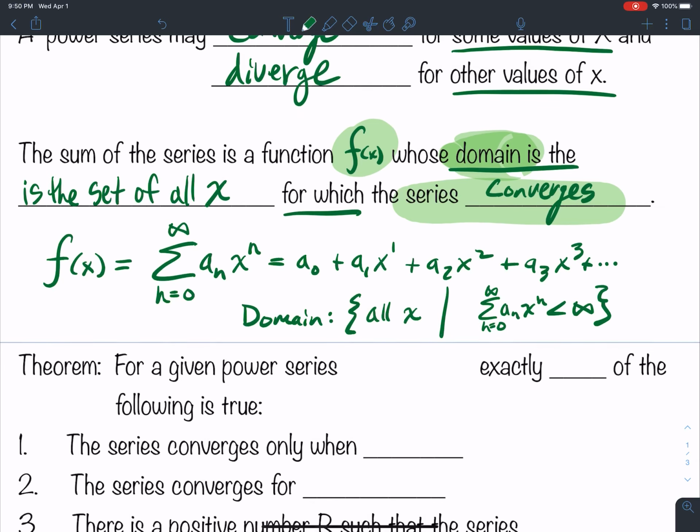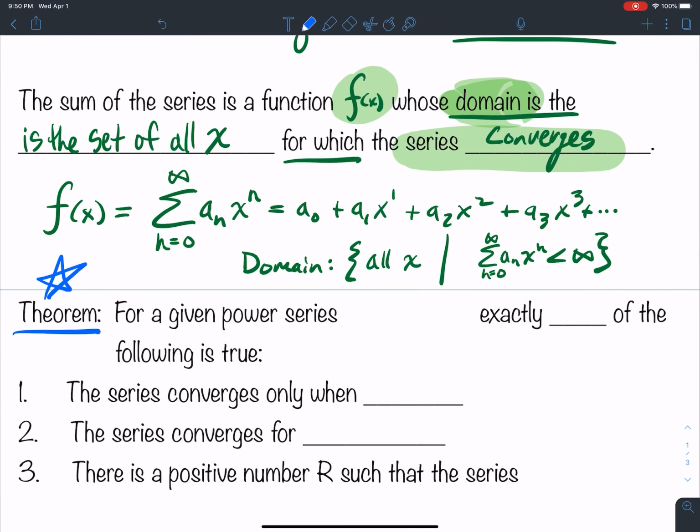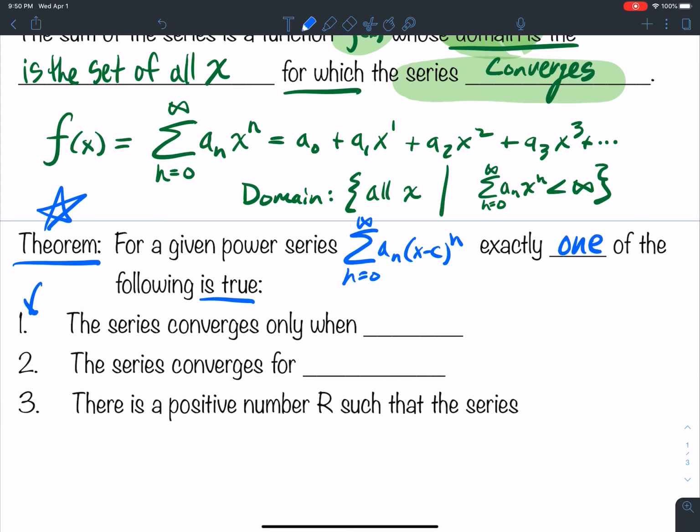So here's my big theorem. For a given power series, say you have some power series, n equals 0 to infinity, a sub n times x minus c to the n, there's exactly one of the following that's true. So either number 1 is true, or number 2 is true, or number 3 is true.